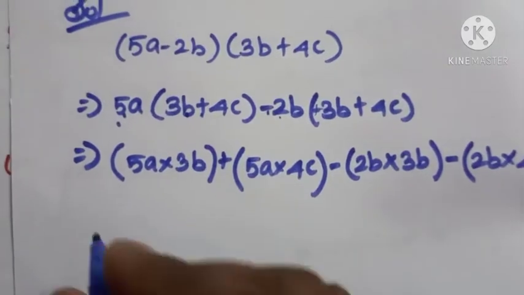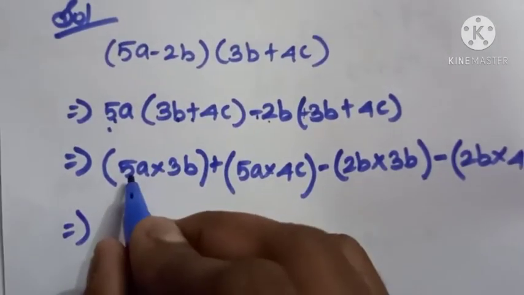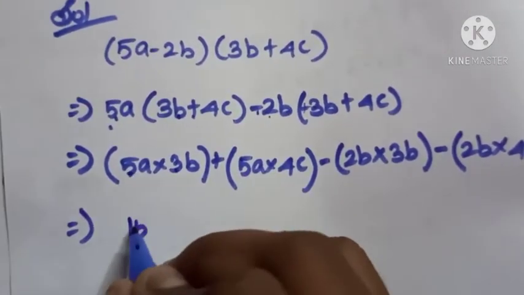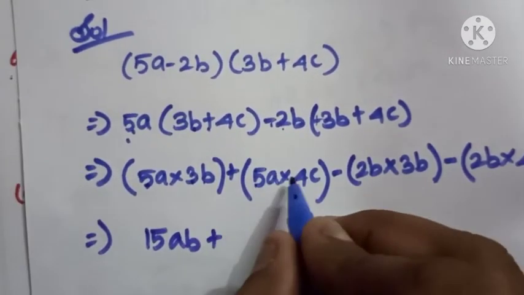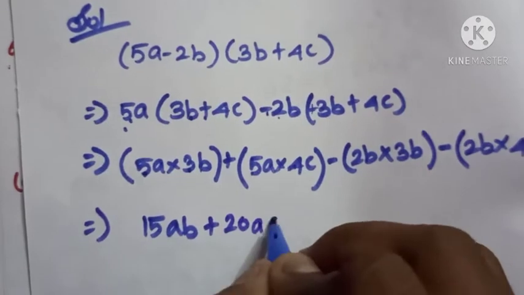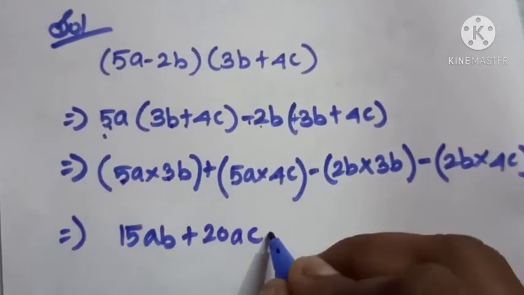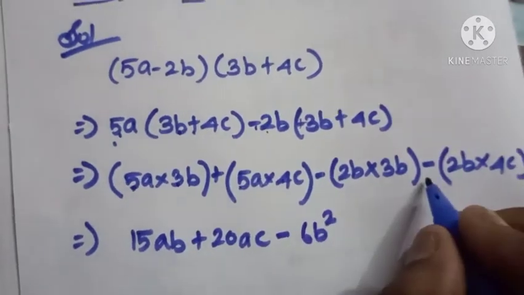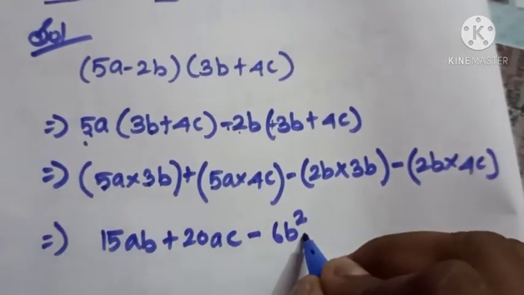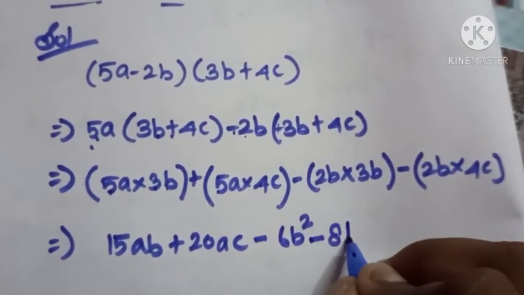Now, as usual, you have to find out the product. So 5 3s are 15, a into b, ab, plus 5 4s are 20, ac, and then minus 6b power 2, and then minus 8bc.